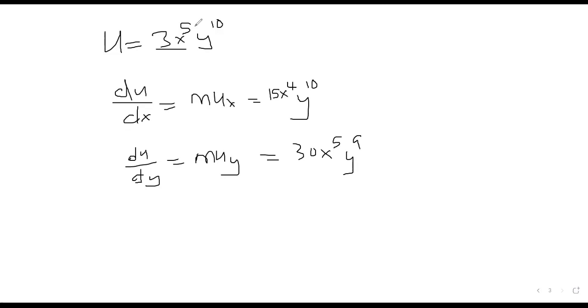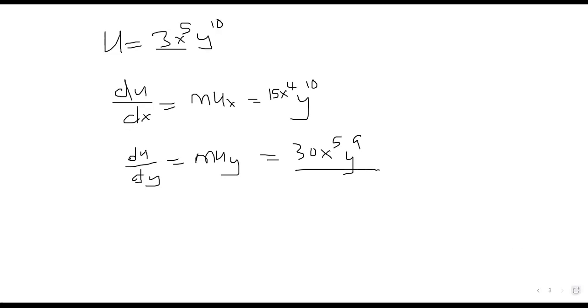So I'm multiplying 3 times 10, which is 30, subtract 1 from the 10 to get 9. Of course, this order is deliberate. You need to start with the letter which comes first in the alphabet.